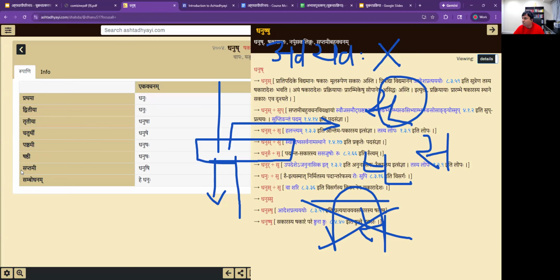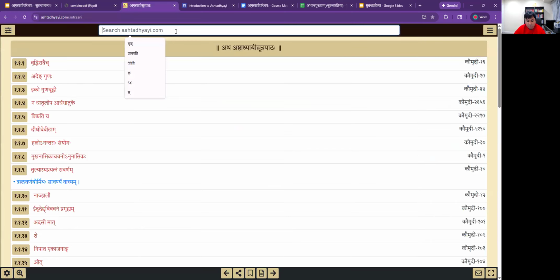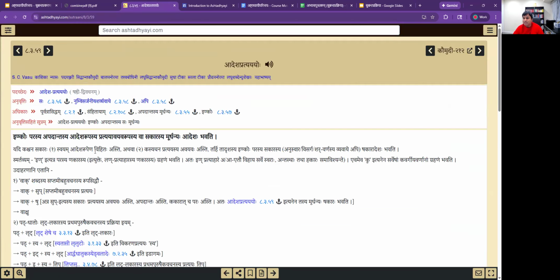I think we discussed this a few classes ago, maybe 2-3 classes ago. Let us go to the adesha pratyaya sutra. This is a minor quirk we have to understand properly. आदेश रूपस्य सकारस्य, प्रत्यय अवयव रूपस्य सकारस्य. So how should that sakara be?